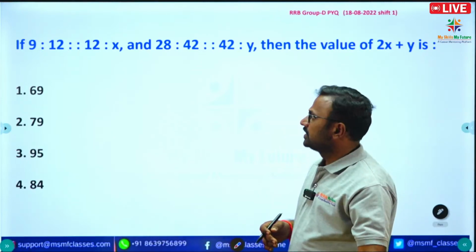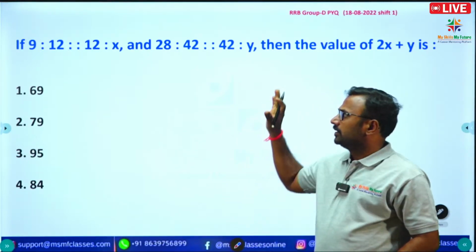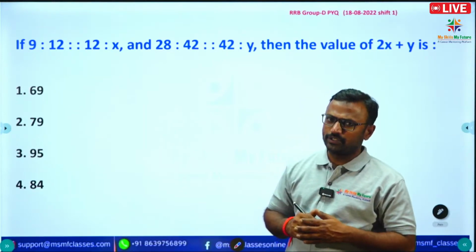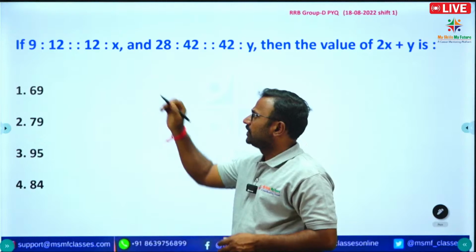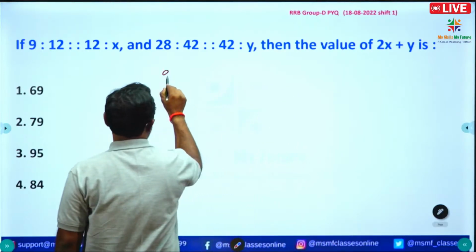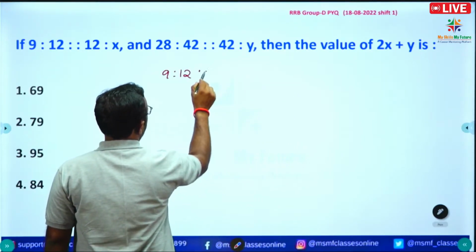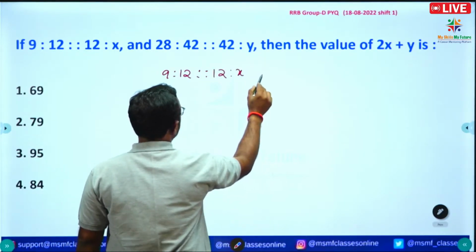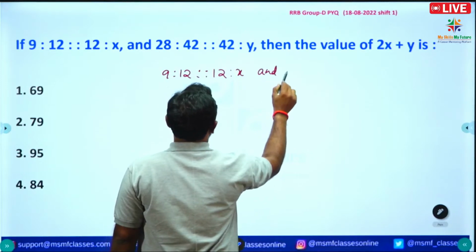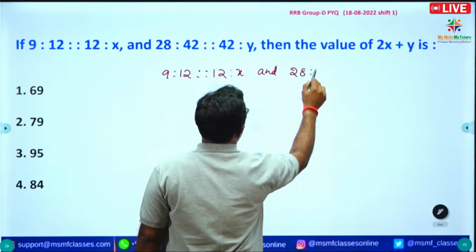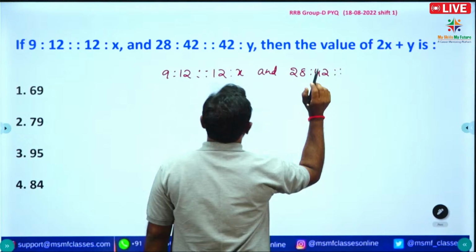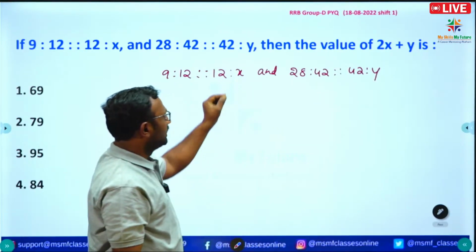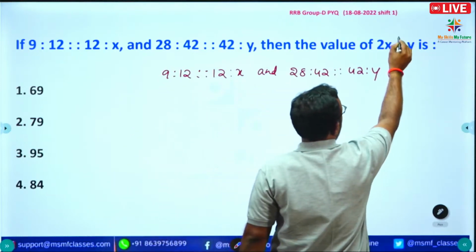See the question here. It is based on proportion. Proportion is nothing but equality of two ratios. The question: if 9 is to 12 as 12 is to x, and 28 is to 42 as 42 is to y, then what is the value of 2x plus y?